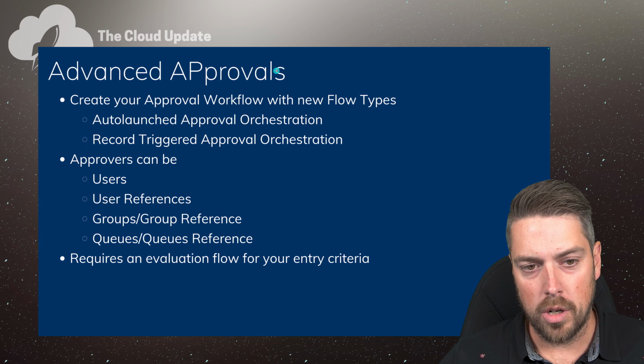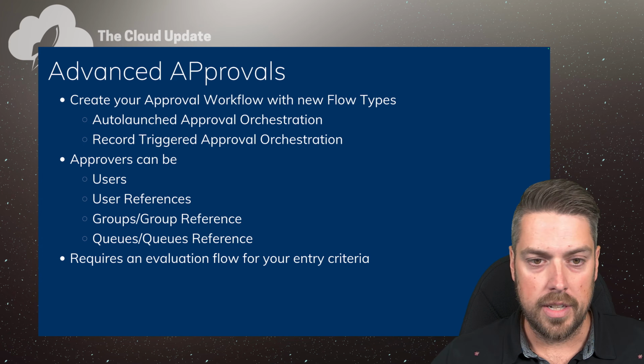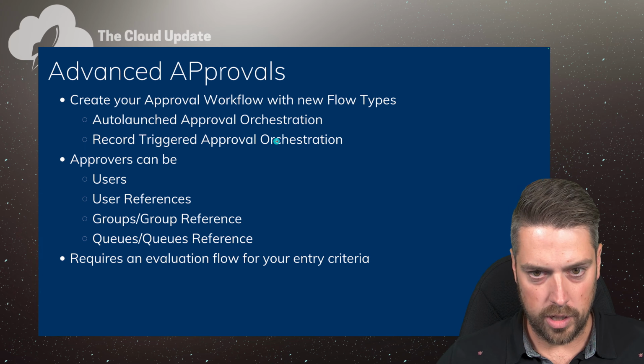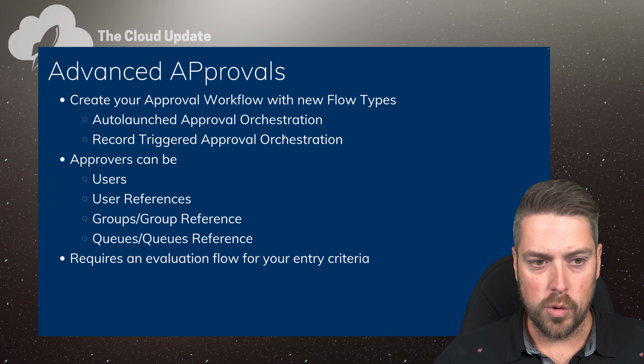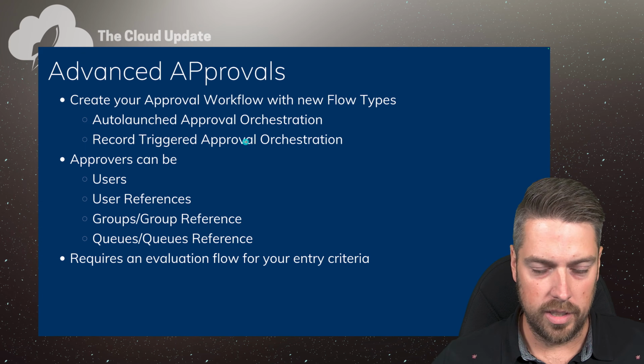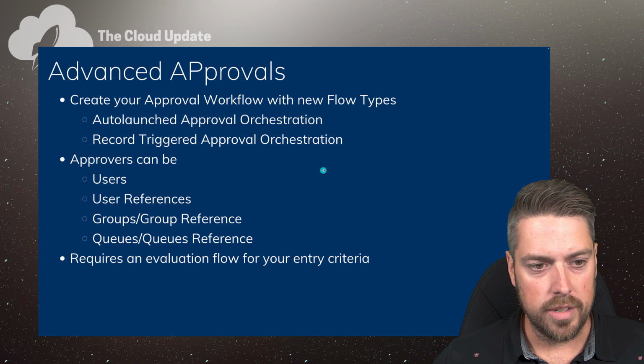Or you can use a record-triggered approval orchestration. That's slightly different from what we're used to, because the typical flow is that the user goes in and hits submit for approval. With record-triggered approval orchestration, it works slightly differently. But past getting it kicked off, they both work the same.